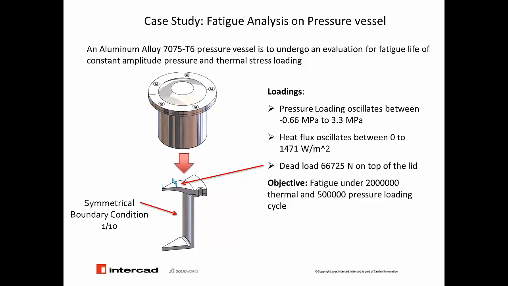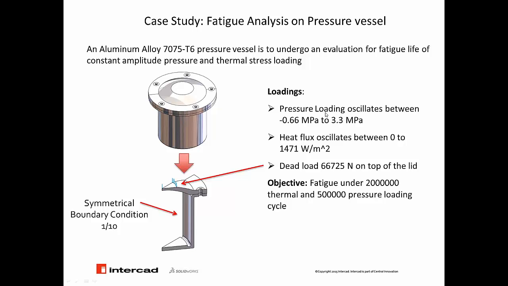Now, the case study today is an aluminum alloy pressure vessel which undergoes evaluation of fatigue life under constant amplitude pressure and thermal stress loading. Well, you can see in the picture, this is the pressure vessel. For simplicity, we simply scale it down to 1/10 of the whole component, as it's fully symmetrical.